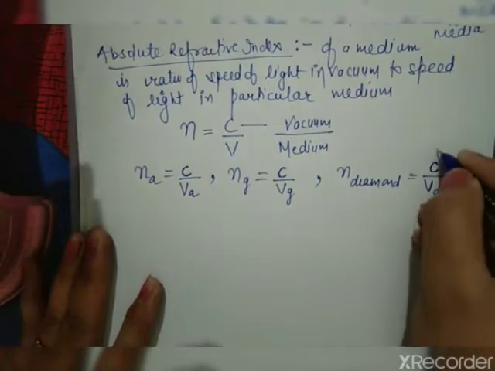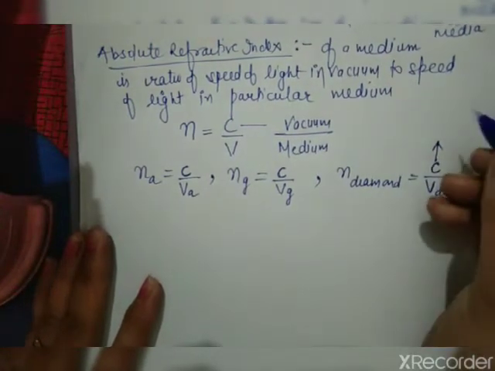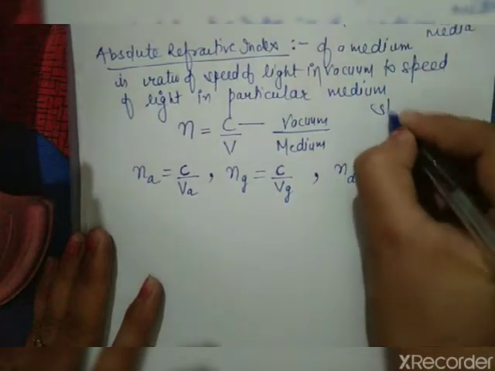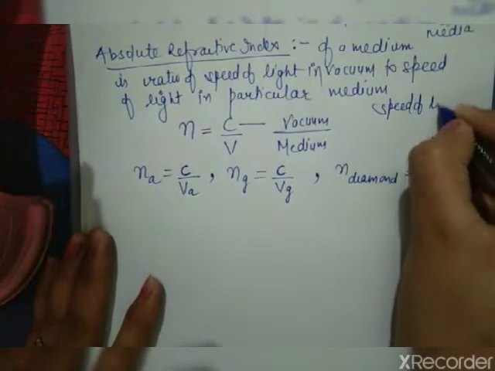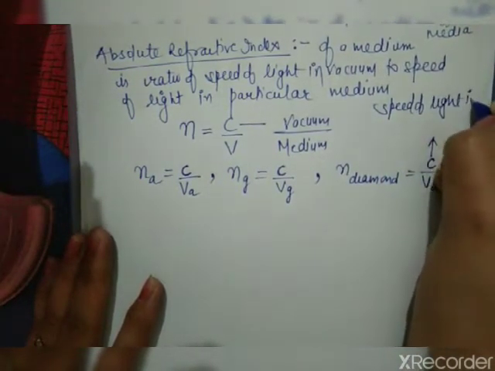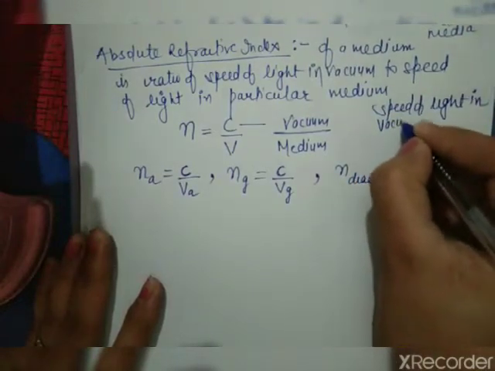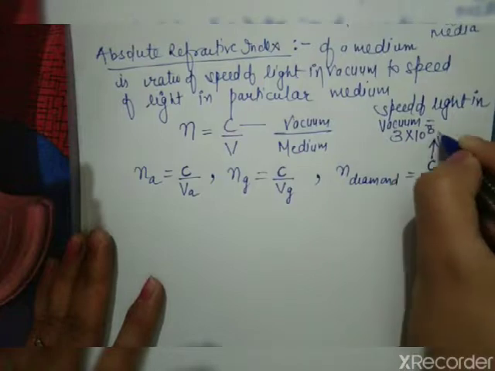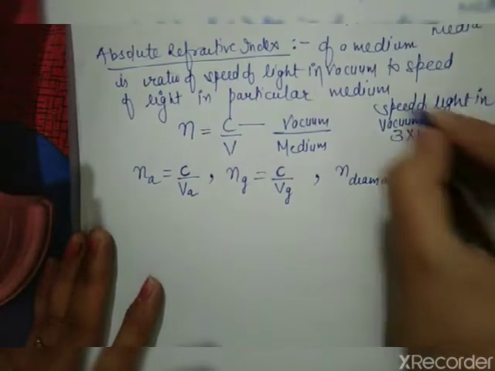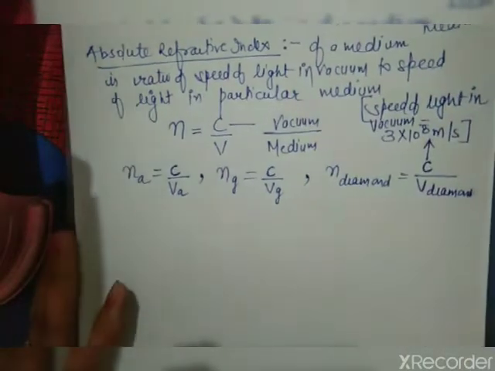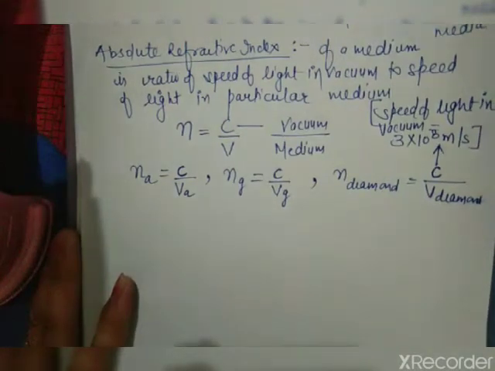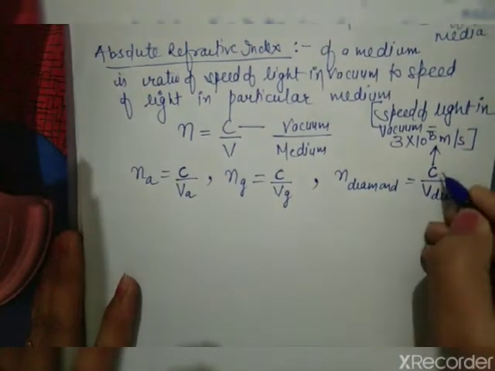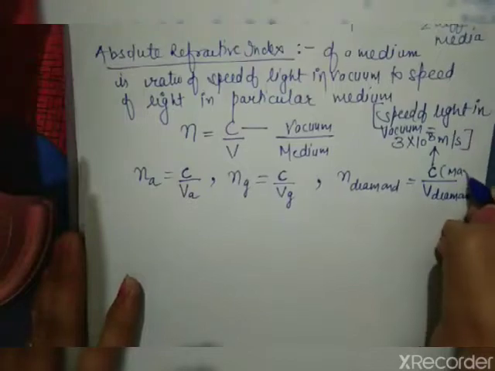So it is clear to you as per the previous video that c represents the speed of light in vacuum and its value is fixed, given by 3 into 10 raised to the power 8 meter per second. Its value is fixed and the maximum speed of light is in vacuum.